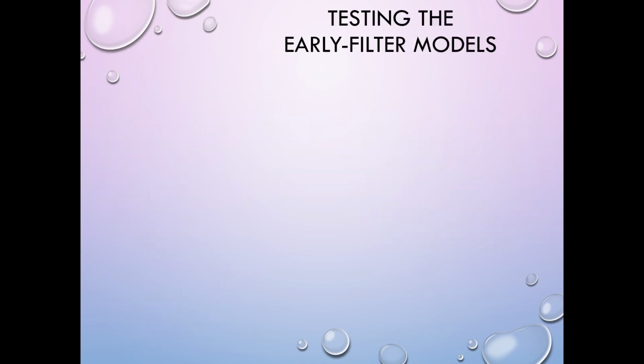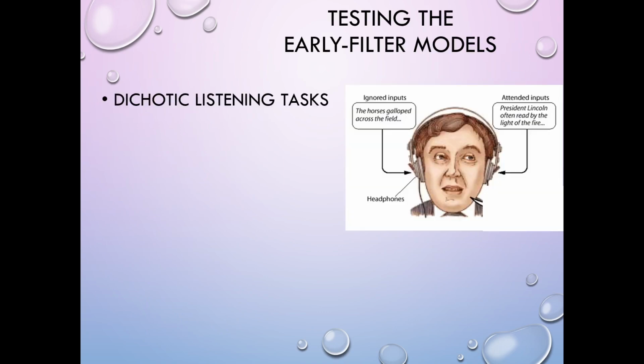All right. So, how do we know whether the early filter models explain anything or not? Well, luckily, some very clever researchers figured out ways to know whether people are putting all their attention in, like the switch model says, or if they're putting part of their attention, like the attenuator model says.